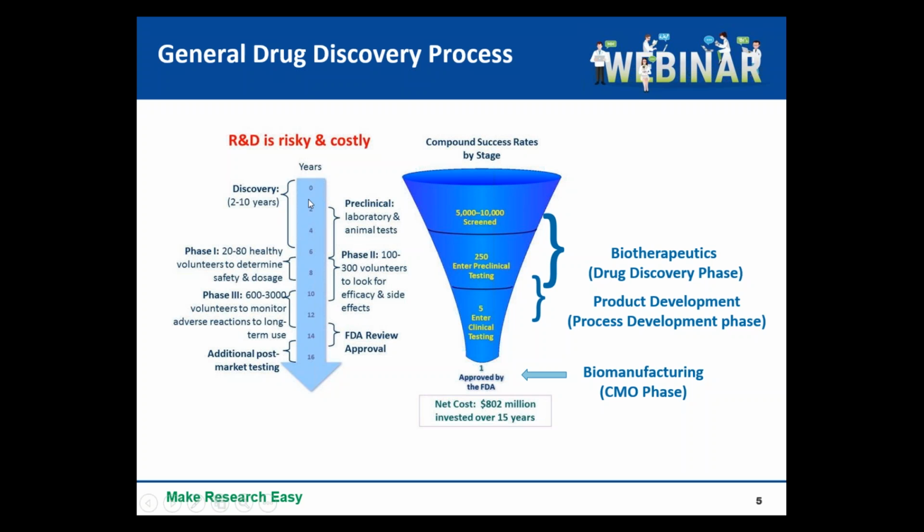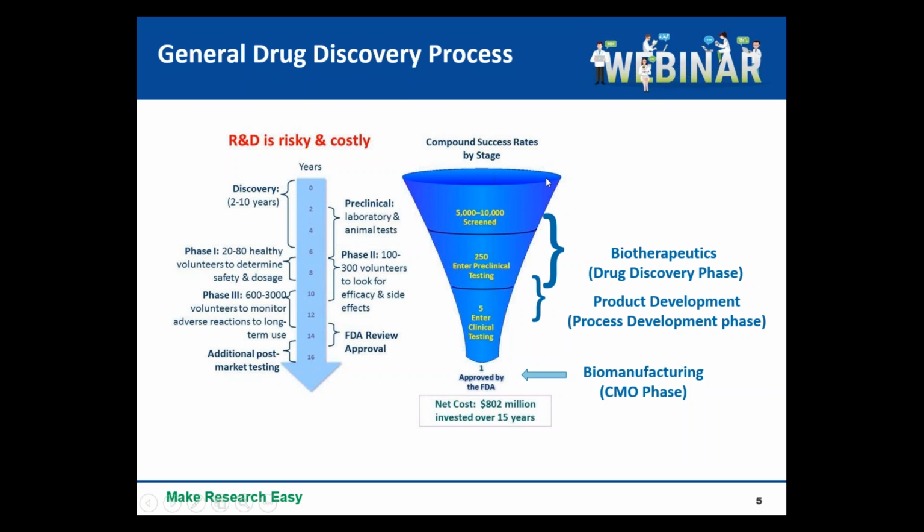It takes anywhere between 12 to 16, 17, 18 years for a molecule to hit the market. It goes through discovery, about 2 to 10 years, then preclinical studies, and then clinical phases 1, 2, 3, and then many, many years and a lot of investment, time and money goes into bringing a product to the market, right?